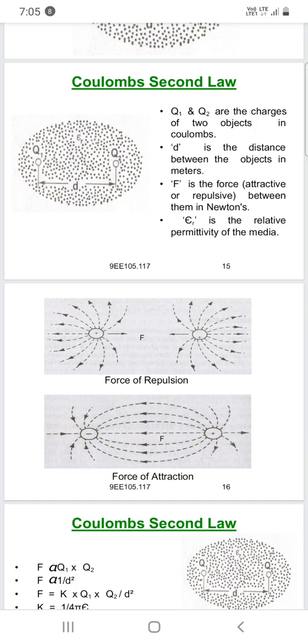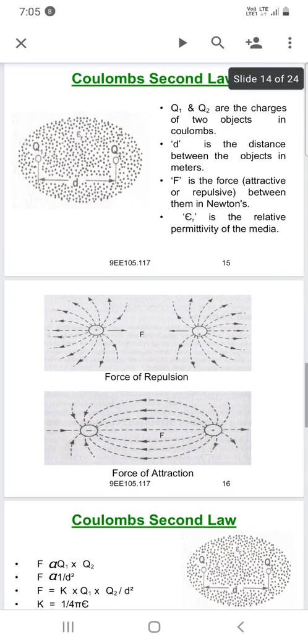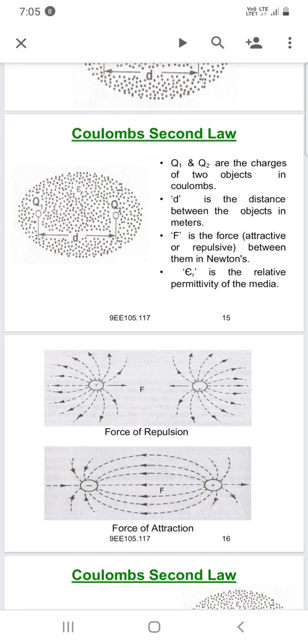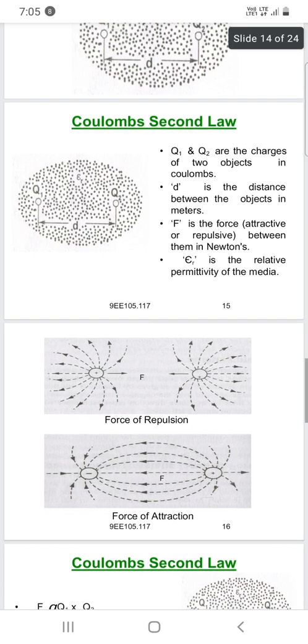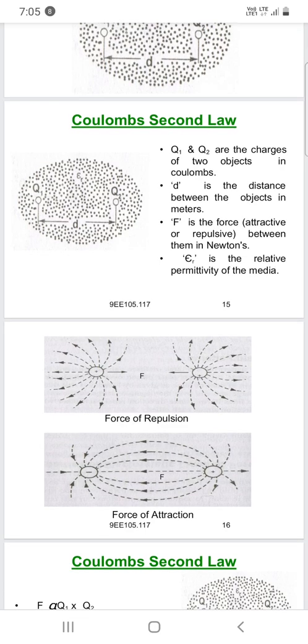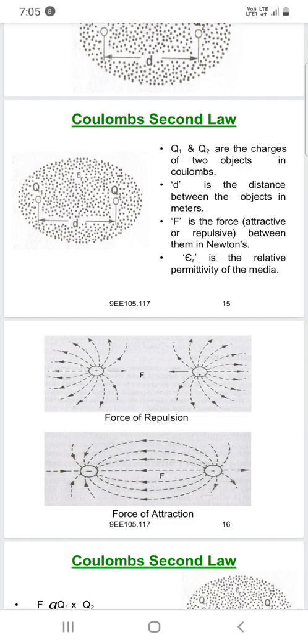Q1 and Q2 are the charges of the two objects in coulombs, d is the distance between the objects in meters, and F is the force, either attraction or repulsion, in newtons. Here epsilon r is the relative permittivity of the medium, that is air, vacuum or other.